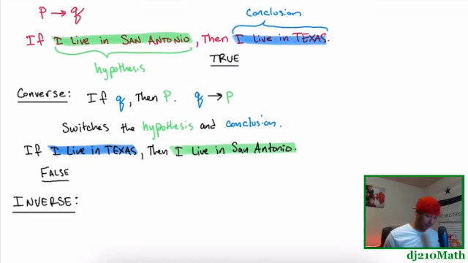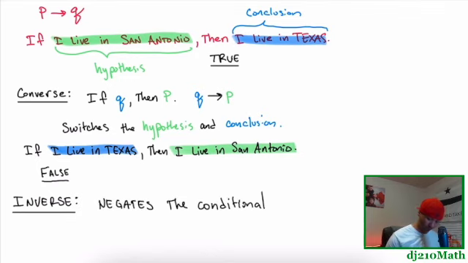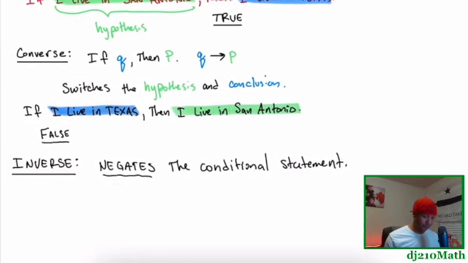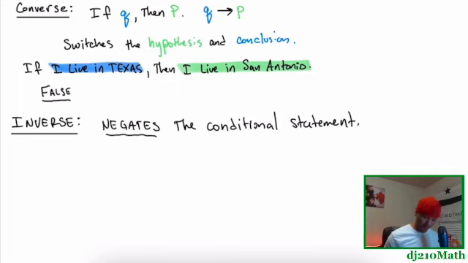All right, next we have the inverse. What the inverse does is take the conditional statement and negate it. Negate basically means to void or cancel out or do the opposite of. Whatever the conditional statement is, if you negate it, then the conditional statement's not happening. It's the opposite. It's working in the word not. The symbol that we use for negate is a little tilde, a little squiggly line.